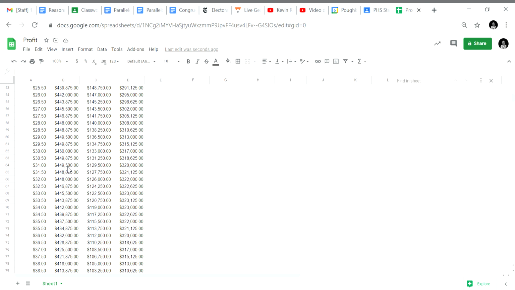So as we said, the maximum revenue price and maximum profit price are close, $31 versus $33, but they're not the same. It'd be the difference between a profit of $320,000 and a profit of $323,000, which doesn't sound like a whole lot of money, but hey, that's $3,000. Think about what you can do with $3,000.